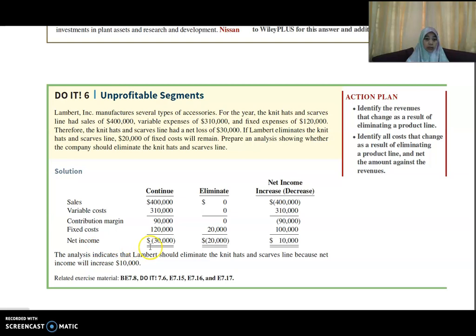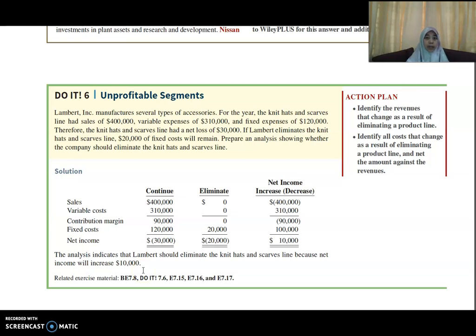In this case, if you continue, your net income is negative 30,000. If you eliminate, your net income will be negative 20,000. So your net income will increase by 10,000. The analysis indicates that Lambert should eliminate the knit hats and scarves line because the net income will increase by 10,000.